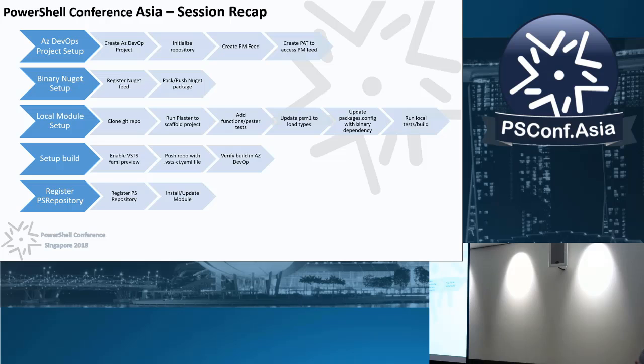We then pushed our binary package up to that NuGet feed that we registered. We created our local module. We scaffolded the project using Plaster. We added our functions and our Pester tests in. We updated our PSM1 to load our DLL. We updated the packages.config with our binary dependency, and then we ran that test locally and did the restore of our binary components.